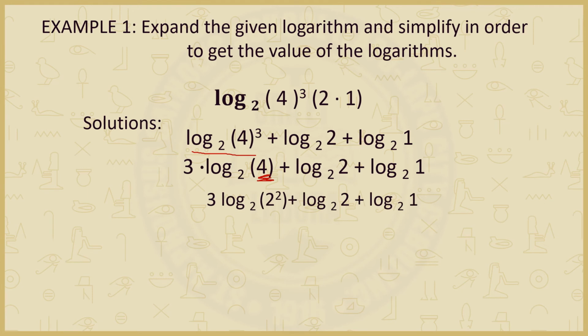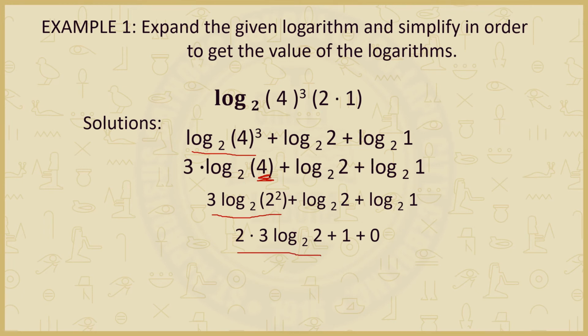So, it will become like this. 3 times the logarithm of 2 raised to 2 to the base 2. And still, we will be using the power rule. So, in using the power rule, it can be like this. 2 times 3 times the logarithm of 2 to the base 2.